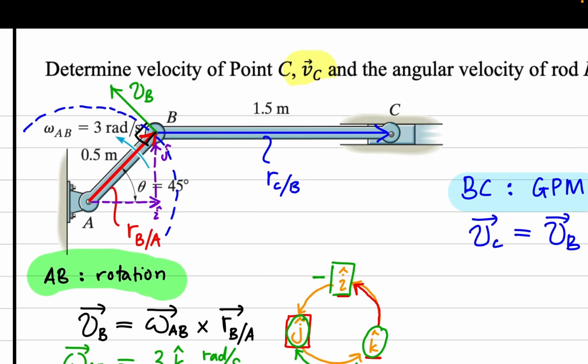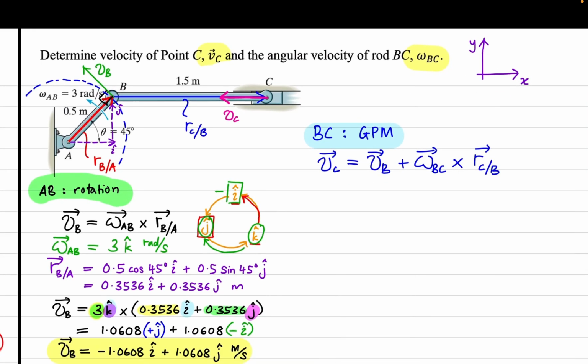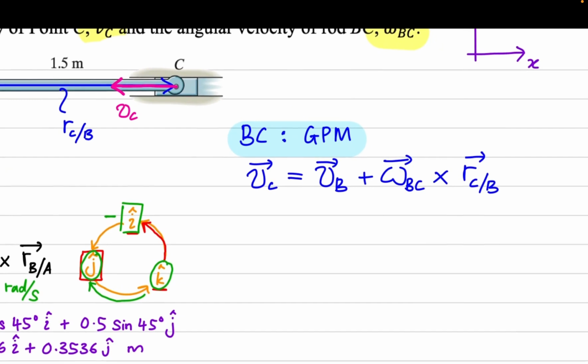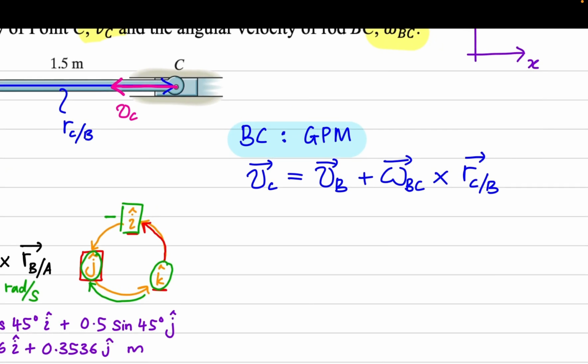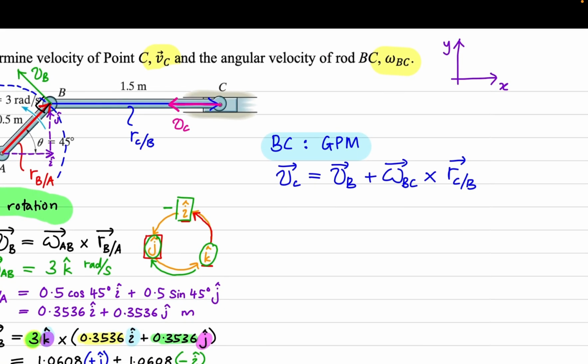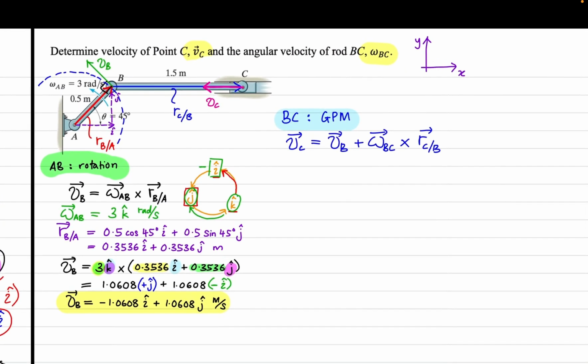So we're going to draw the velocity vector of point C pointing in that direction. So this will be VC. So we should expect later our answer for VC will be negative I, because it is in the negative direction of the x-axis. So this is our equation here. To get VC and omega BC, we need VB. We already have VB, which has been calculated here.